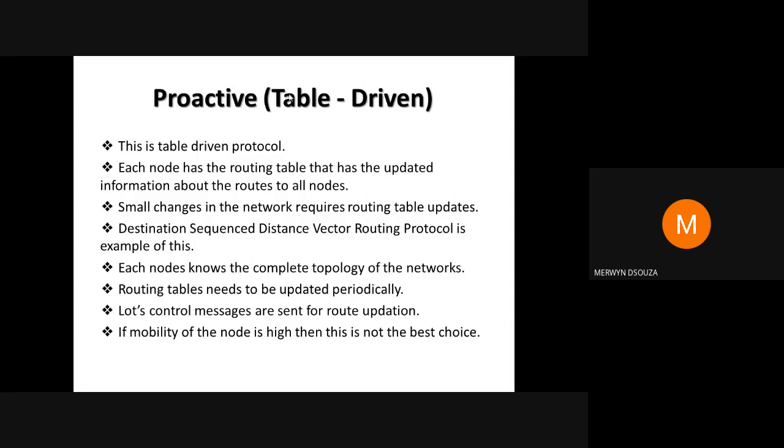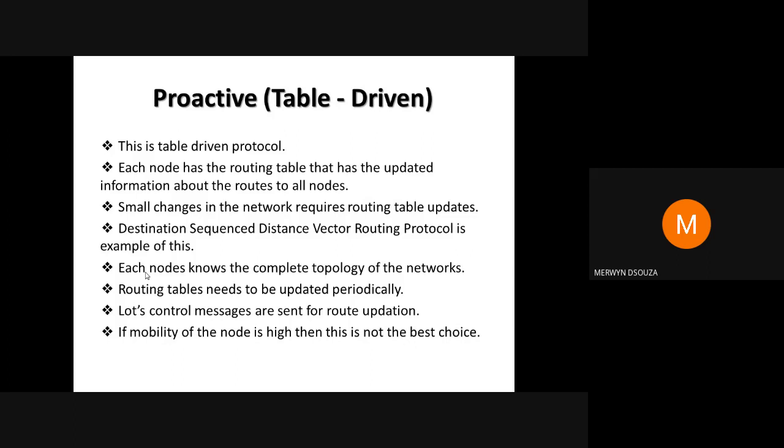In proactive, the entire tables need to be updated. You keep updating, a lot of tables need to be exchanged, and therefore a lot of messages need to be sent for updating the tables. So if the topology is very dynamic, meaning it keeps on changing too frequently, then this algorithm is not the best choice.